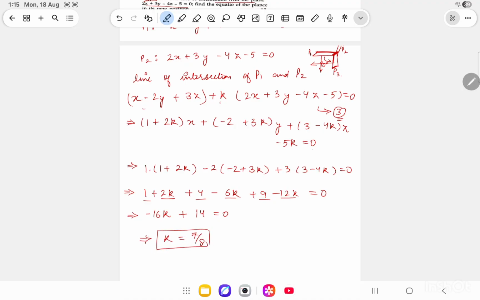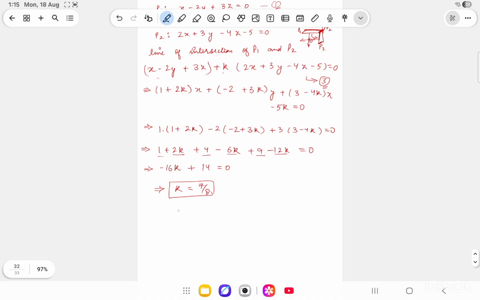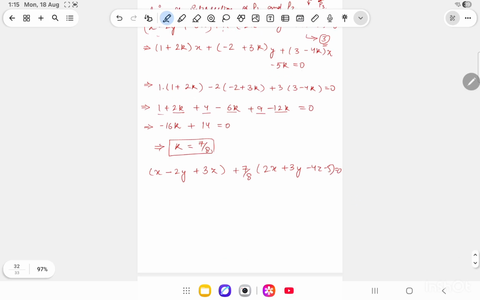So if I substitute this value of k in equation 3, I'll get the new position of plane P1. Putting the value of k in equation 3, I'll get x minus 2y plus 3z plus 7 by 8 into (2x plus 3y minus 4z minus 5) equals 0. So this is the new equation of the plane. You can either leave it here or simplify it.